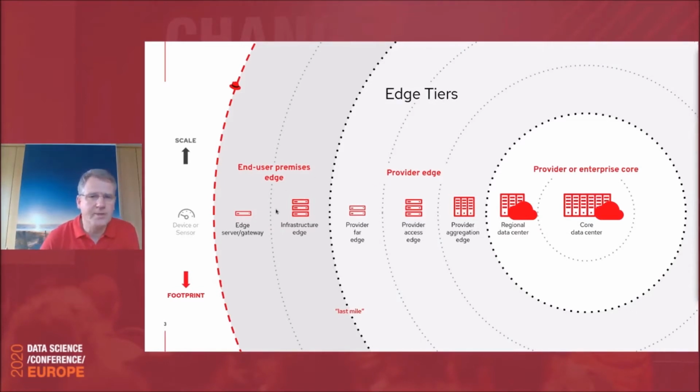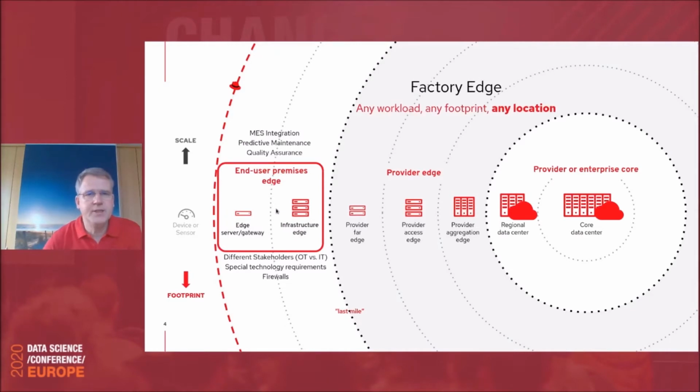Let's have a little bit closer look at the edge here, because with the factory edge, we have the use case of running applications like manufacturing execution systems, also having use cases like predictive maintenance. And one challenge here is the different stakeholders and the different technology.